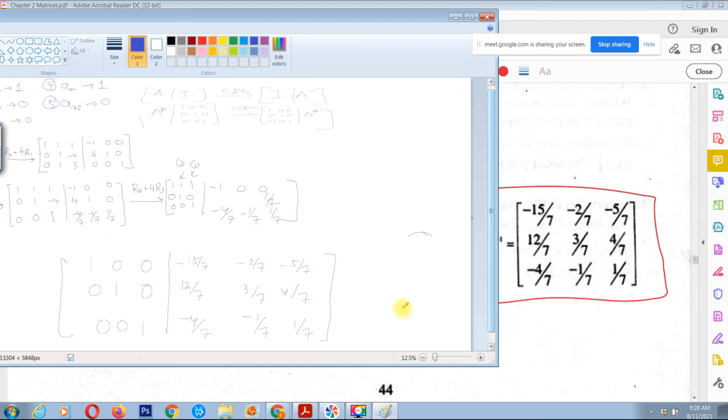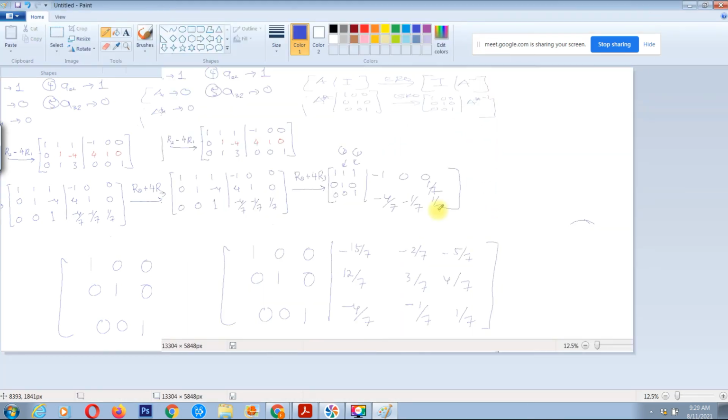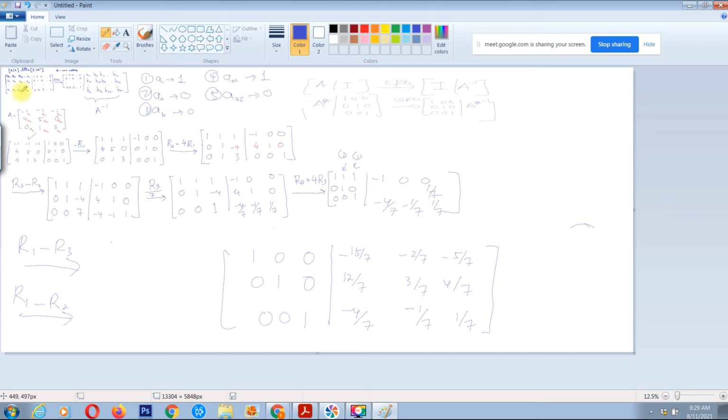So you can see in the whole picture, we have A matrix and identity, and then we get identity on the left hand side and these matrices, which represent A minus 1, the inverse matrix.